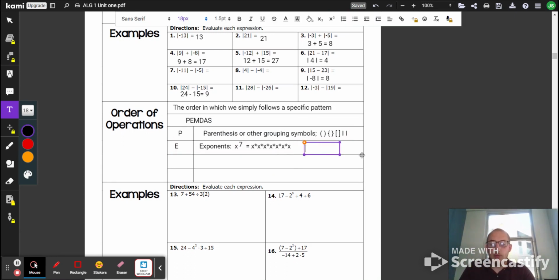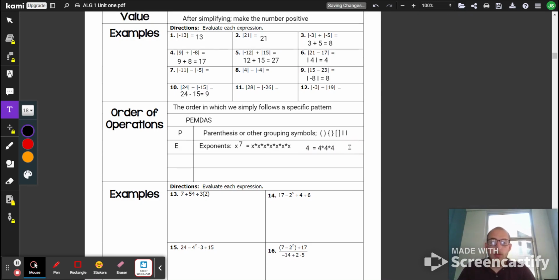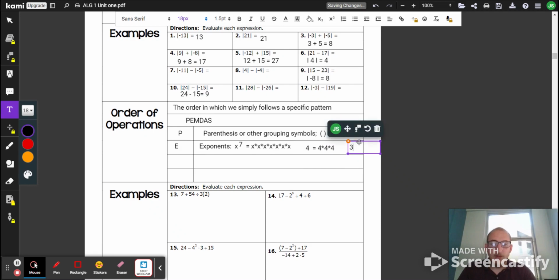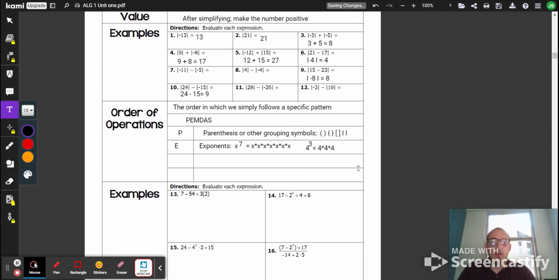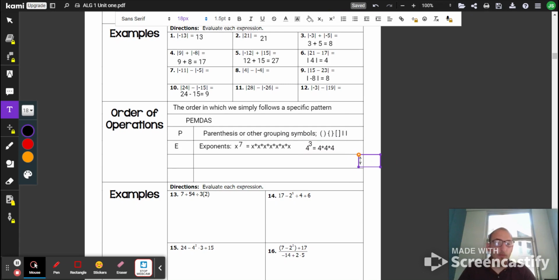Another example: what is 4 cubed? Cube means 3. It's really hard to write using the software I'm using now, but 4 cubed is just 4 times 4 times 4, 3 times.